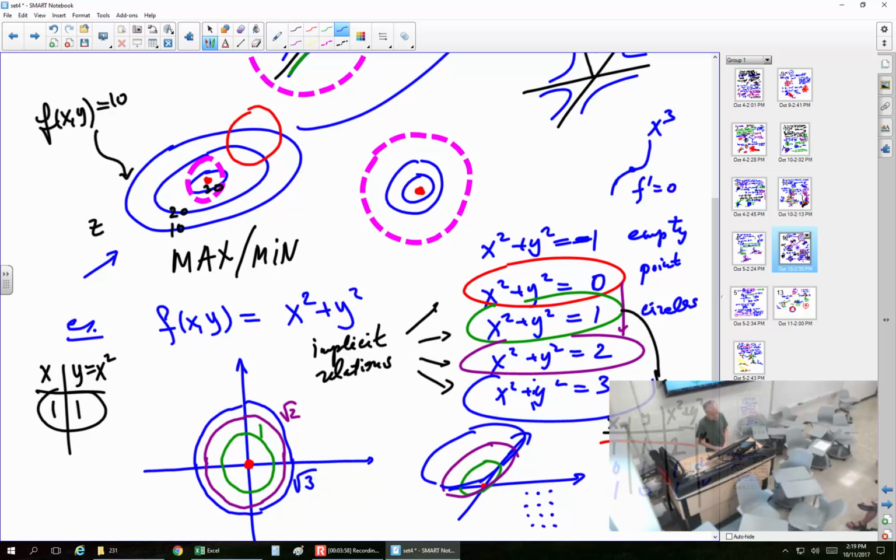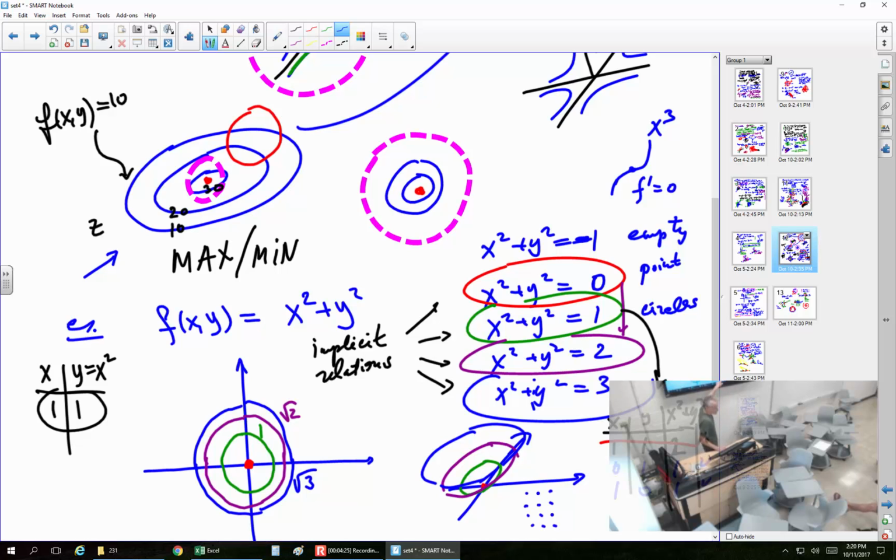What we can do with those is pretty much recognize them as something familiar, and that's why it pays off to do it in advance. We recognize them as circles. We know these as circles, and then we plot these circles, and it roughly gives us the idea of what the surface looks like.